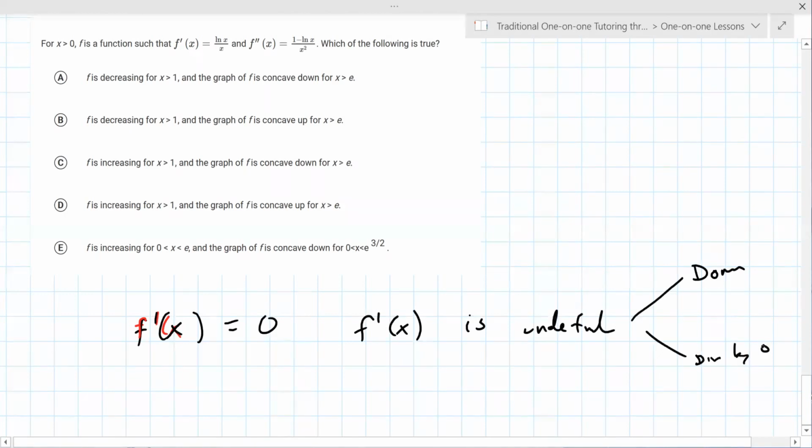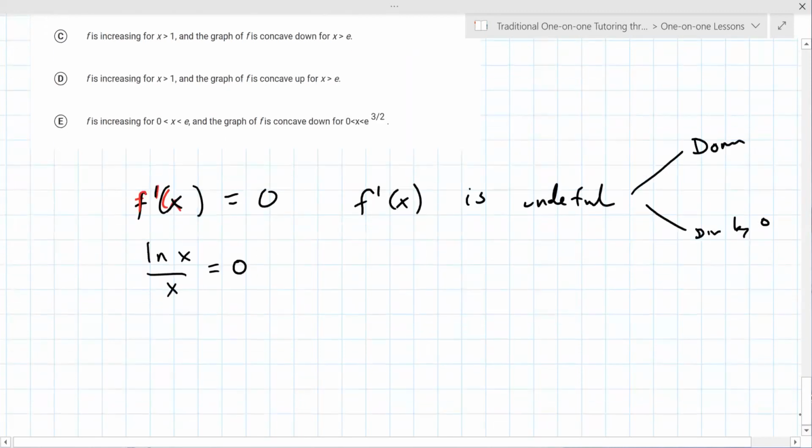Where is the natural log of x over x equal to 0? It's 0 when the numerator is 0. The natural log of 1 is 0. So when x equals 1, that's a critical point.